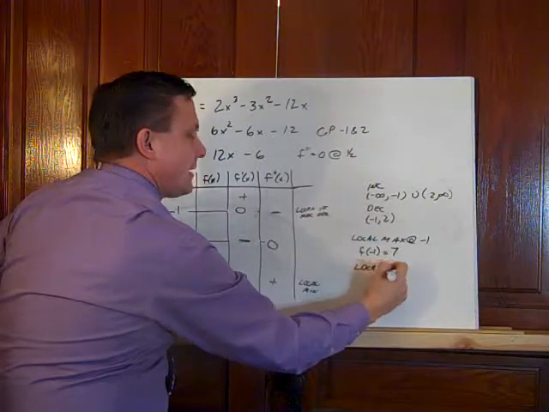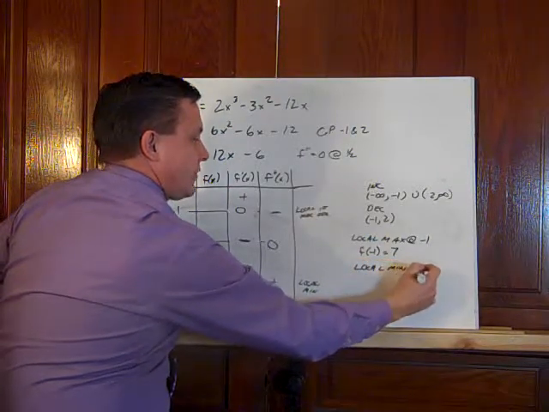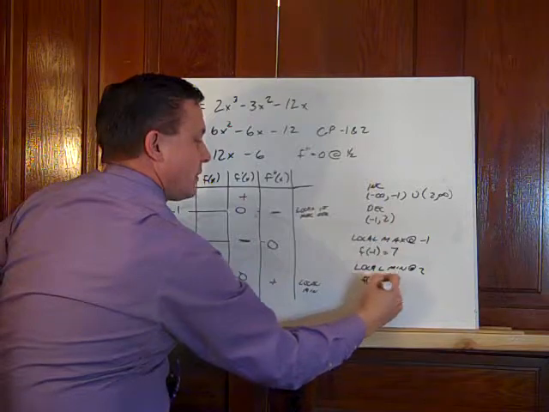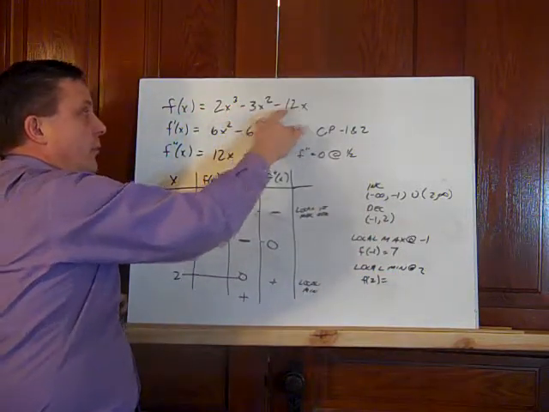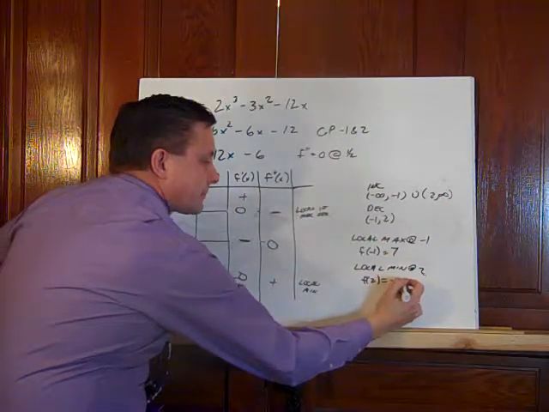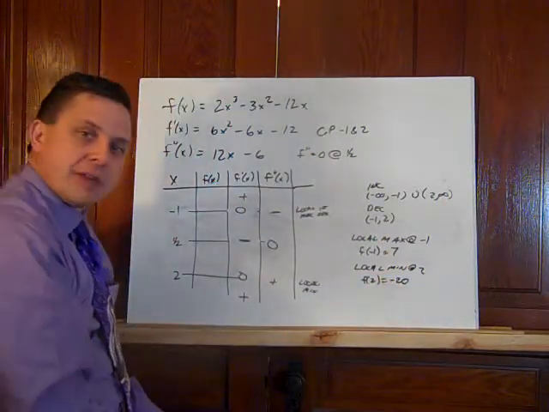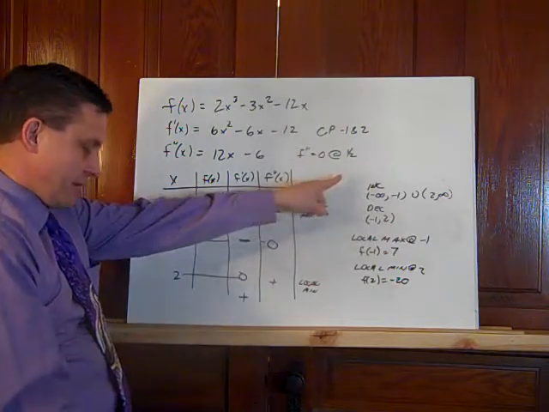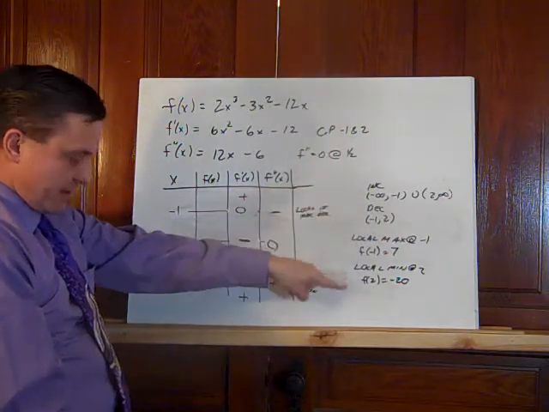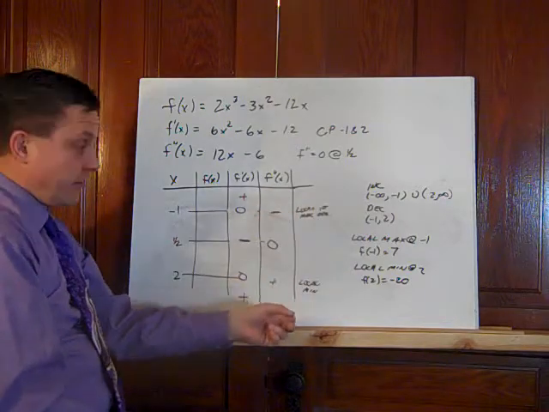I have a local min at 2, and I can find that value, again, by plugging 2 in. 16 minus 12 is 4, 4 minus 24, it's -20. And again, I'm awfully fast at that, that's just practice. So I've now found increasing and decreasing. I've found the local max and mins using the first derivative and the second derivative rules.